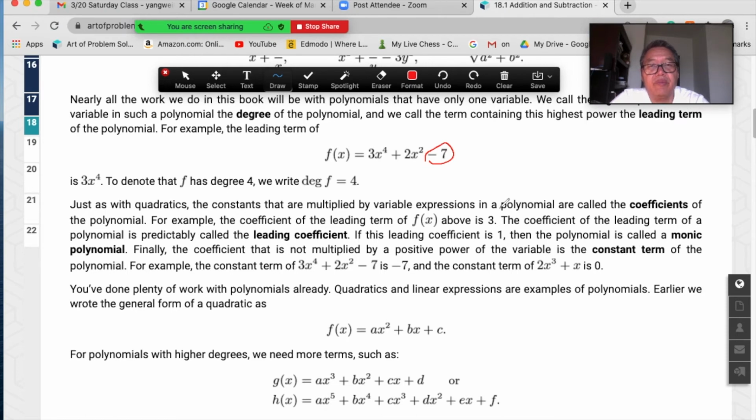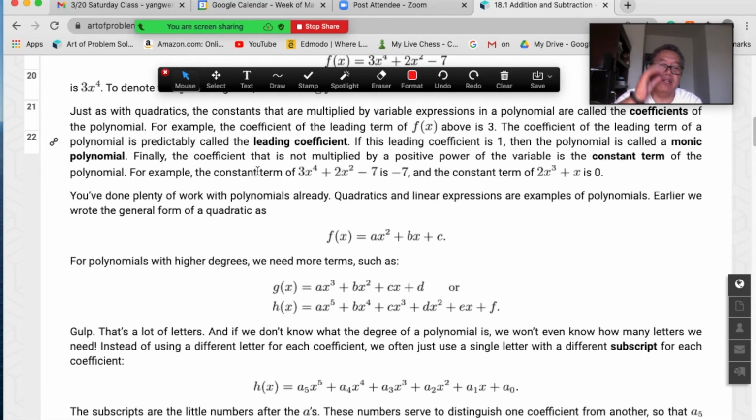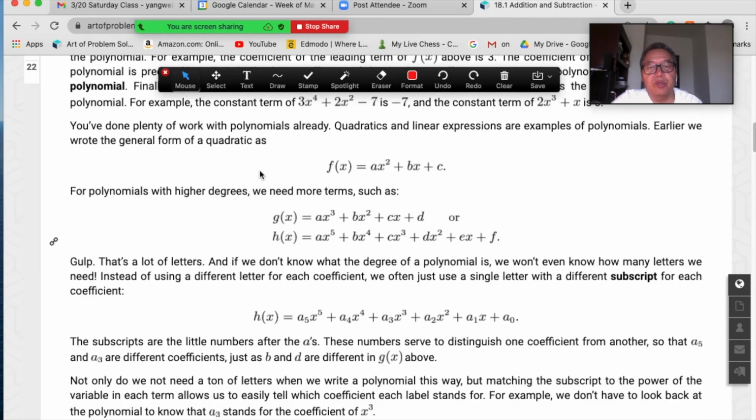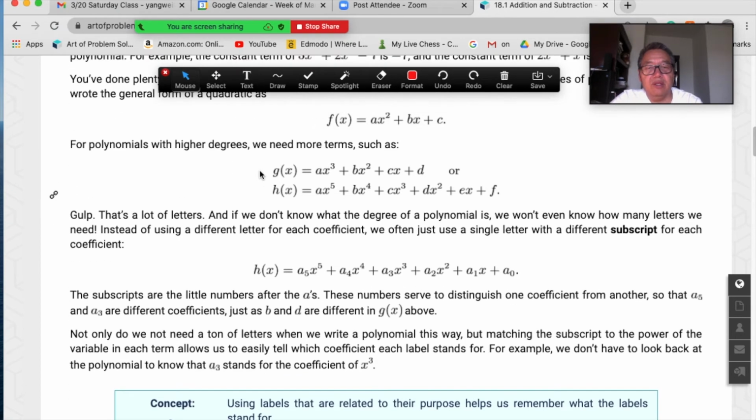Okay, now let's see what we learned. A quadratic function is also a special case of a polynomial. Then definitely this power can go higher, 3, 5, or whatever.